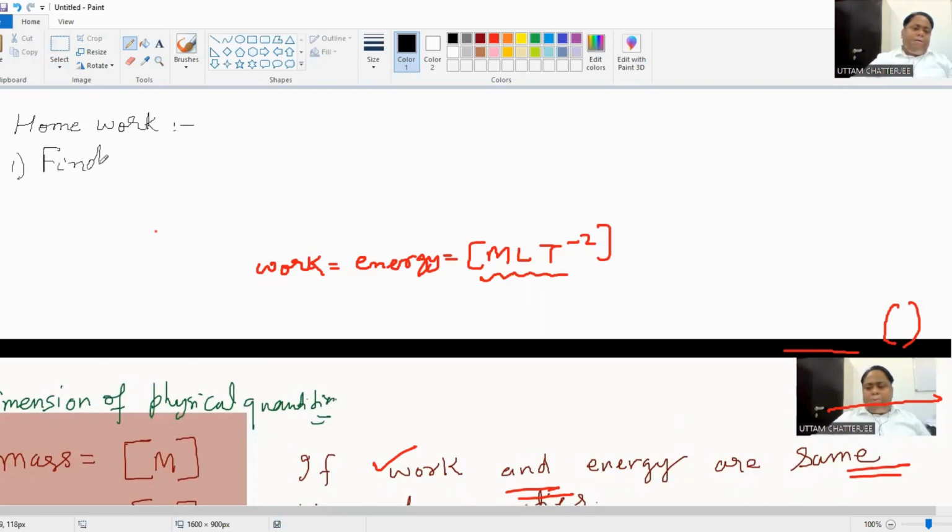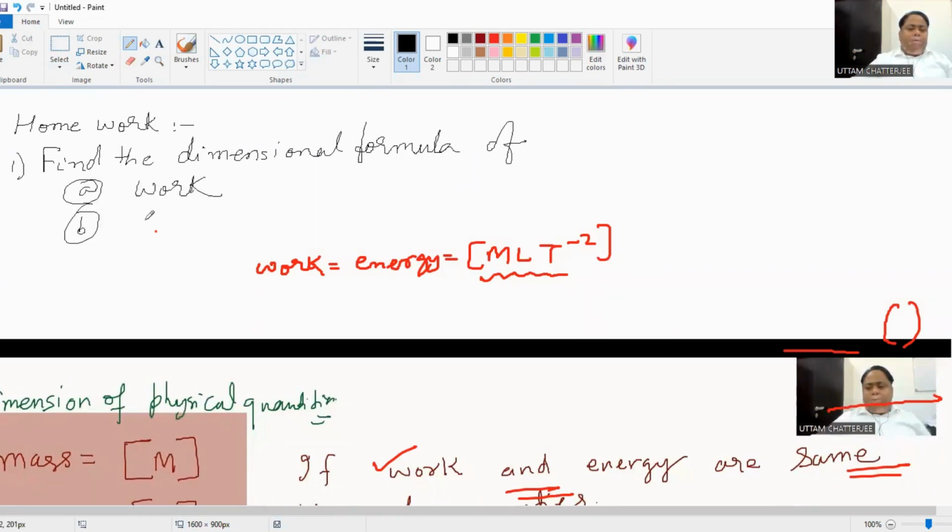Question number 1: find the dimensional formula of A, work, B, kinetic energy, and C, potential energy.